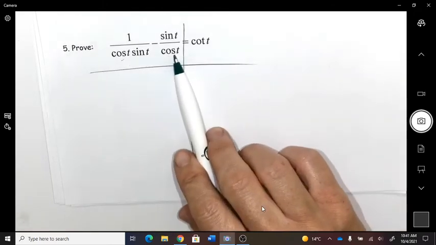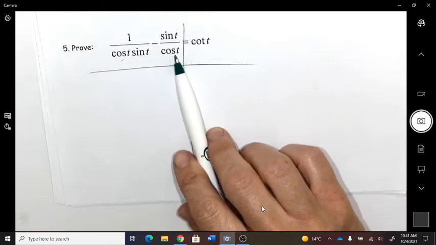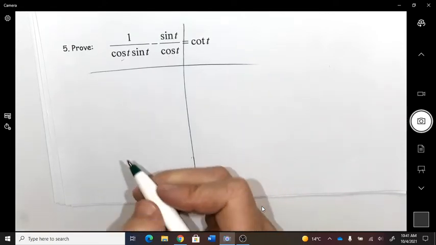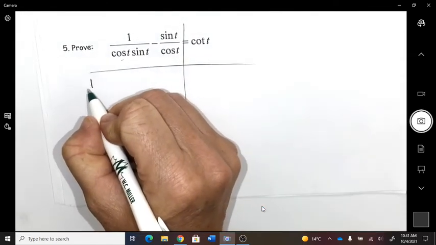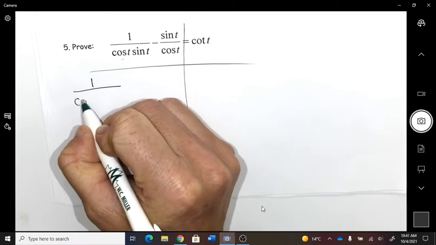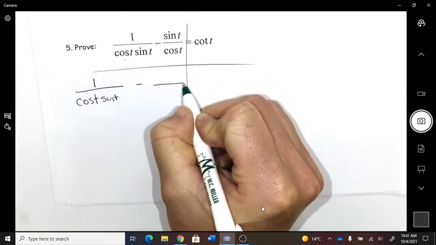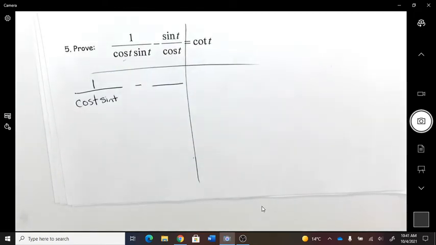I have 2 fractions. I think I'm going to try to get them together, so I would need a common denominator. To get a common denominator, I got to maneuver the second fraction. What are you going to have to do to that bottom?